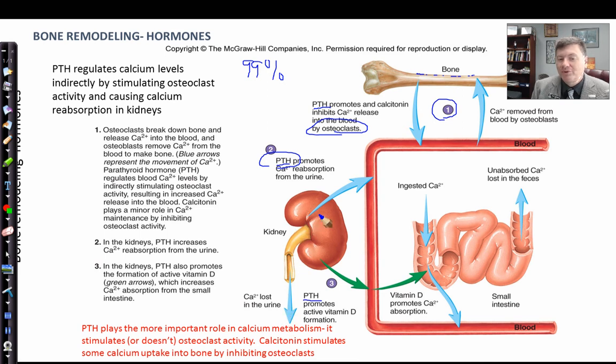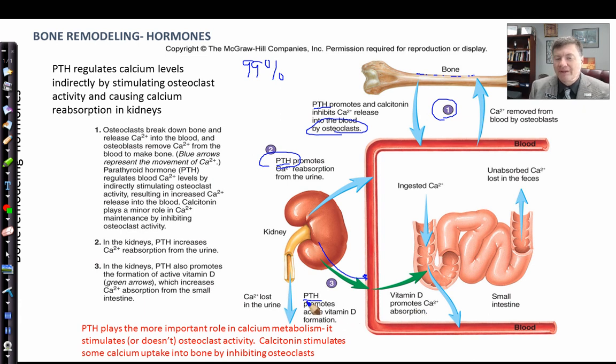But as the fluid moves through these tubes, we have a chance to grab stuff out if we want to keep it. And these are called nephrons. As the nephrons are processing the urine to be, PTH can tell those nephrons, hey, don't throw out the calcium, save it. And so that calcium goes back into the bloodstream.